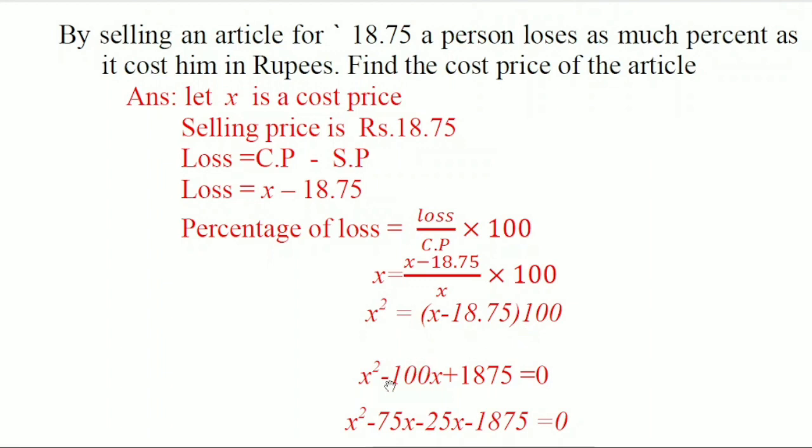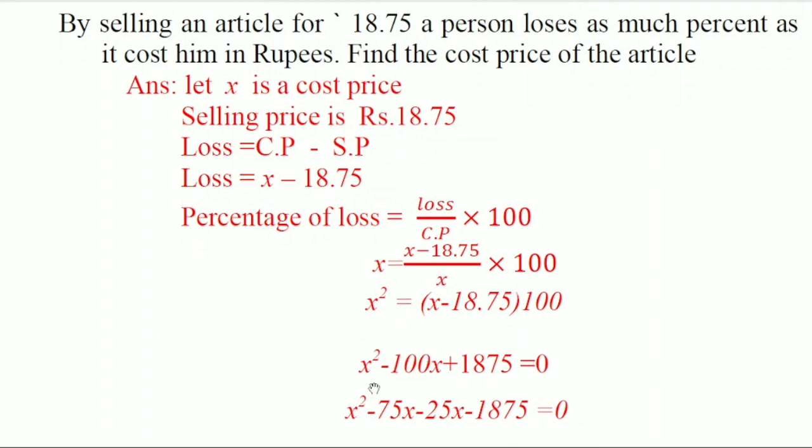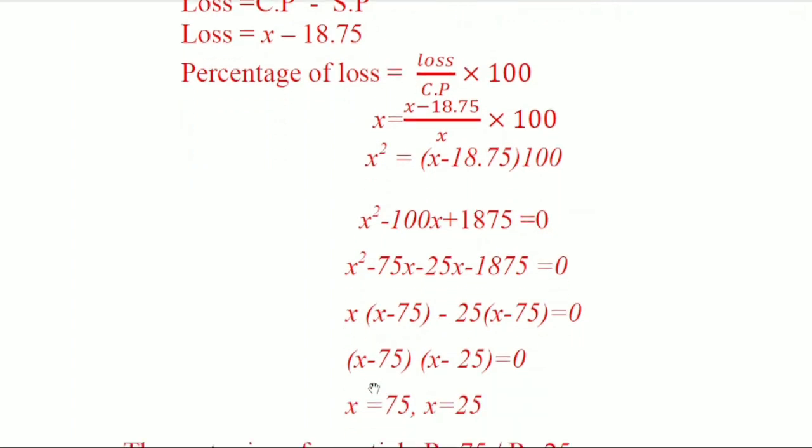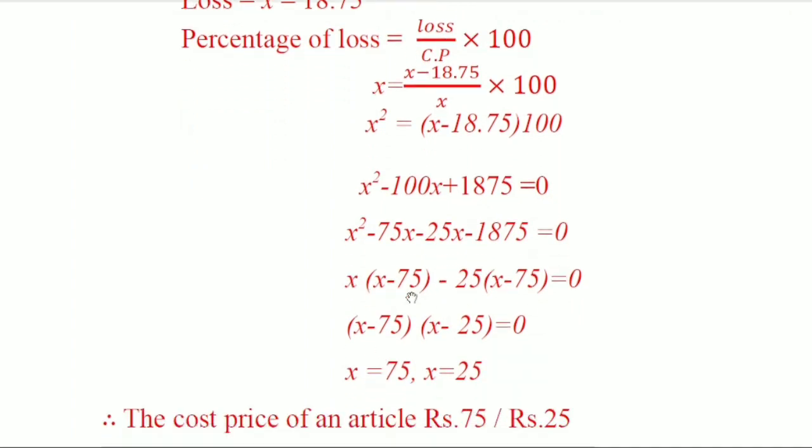So x square equals 100x minus 1875, because 18.75 into 100 is nothing but 1875. So I am taking it to the left side: x square minus 100x plus 1875 equals 0.